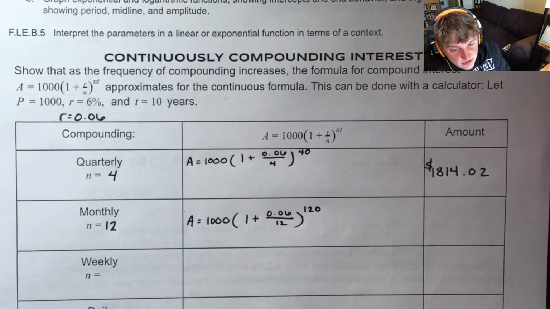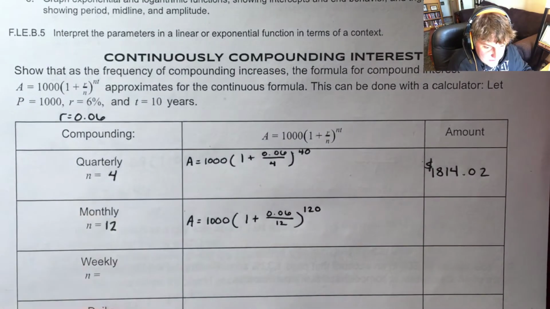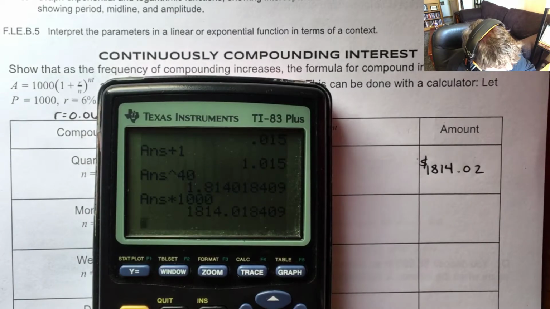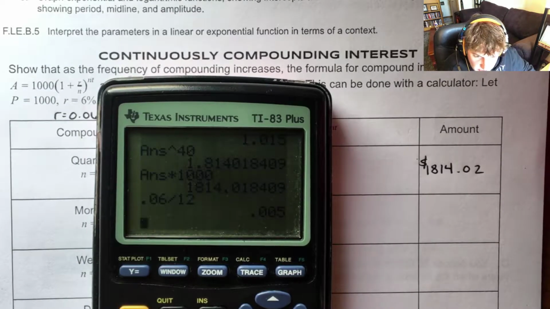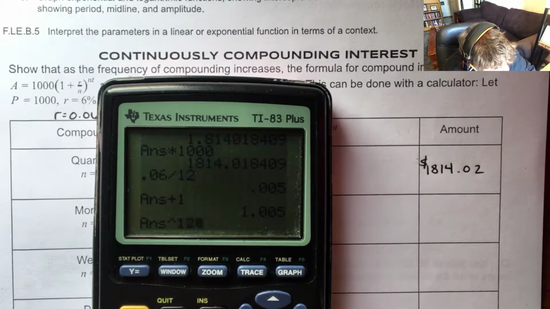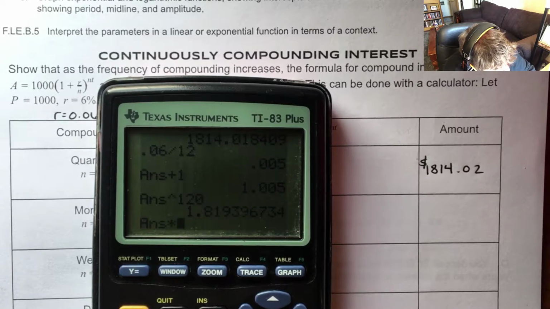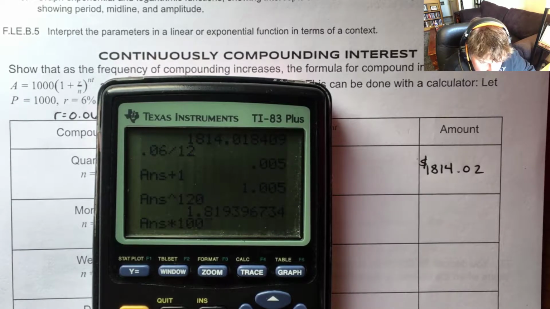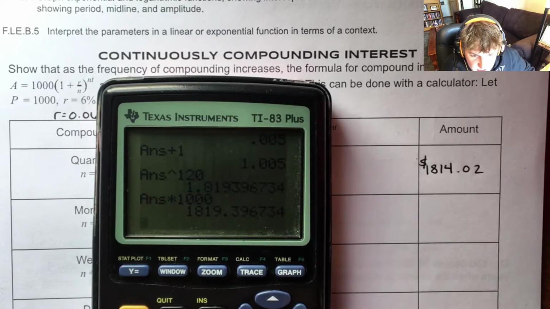Let's go ahead and calculate that amount. I'm going to go 0.06 and divide it by 12, add 1 to it, raise it to the 120th power, and then multiply it by 1,000. 1819.40.